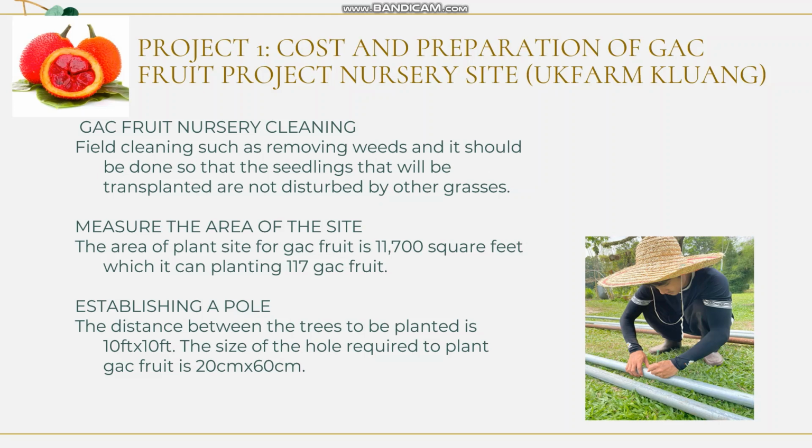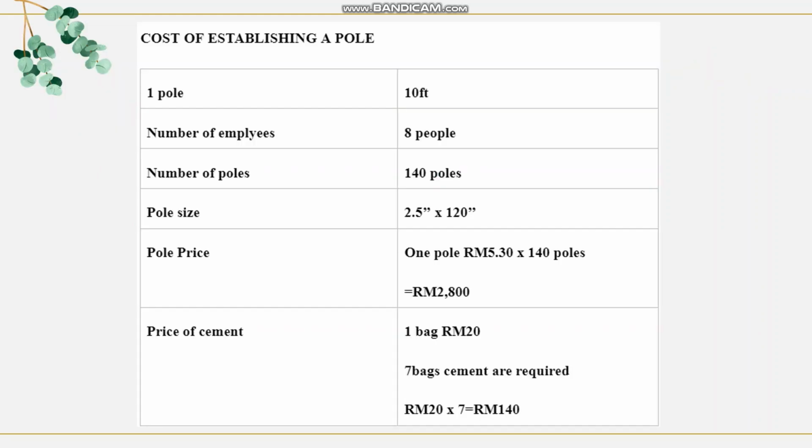The distance between the trees is 10 feet times 10 feet. The size of the hole required to plant fruit is 20 cm times 60 cm. As you can see on the slide, this is the cost of establishing a pole, which is 140 poles at the building nursery plant.